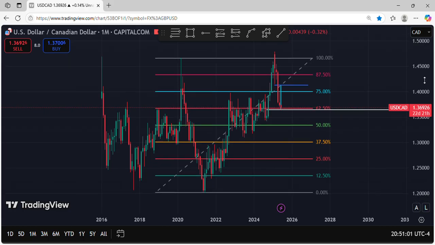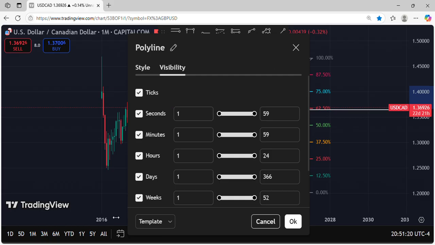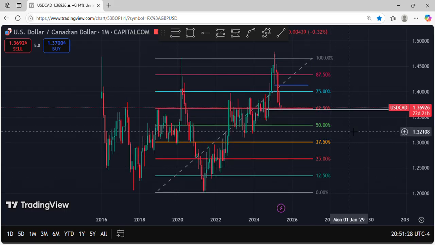On the monthly, we've seen that we've swept these equal highs, right, which was the original range from here to there, and then we have dropped back into this. Let me just change the settings for this exactly.